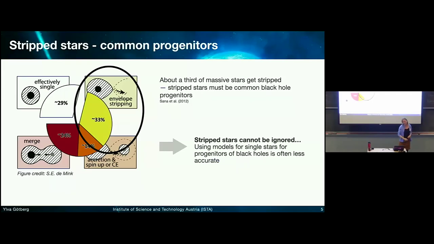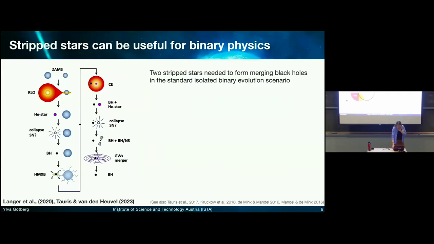So that's a reason. Now, of course, you're familiar with the evolutionary sequence that reaches the merger of two compact objects. This is the isolated, I would call it classical or standard isolated binary evolution channel that leads to binary black hole mergers. And in this case, we have two strip stars here.